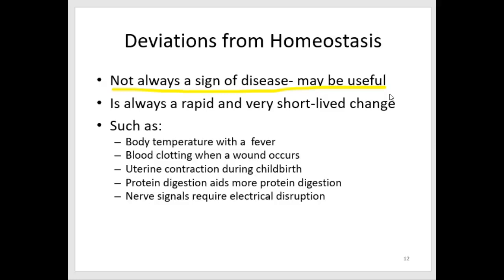So normally, if a woman is pregnant, you want the uterus to expand with the growth of the fetus. But at some point, you're going to need that homeostatic expansion to stop, and instead for the opposite to occur, and that is to constrict or contract the uterus so that childbirth will occur.